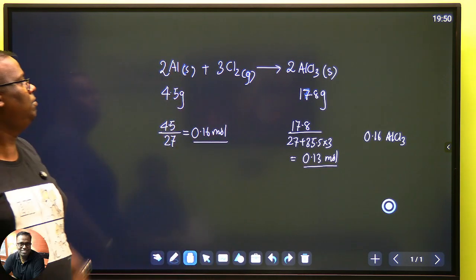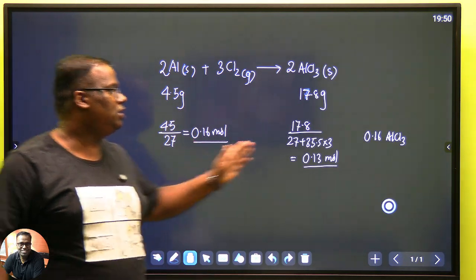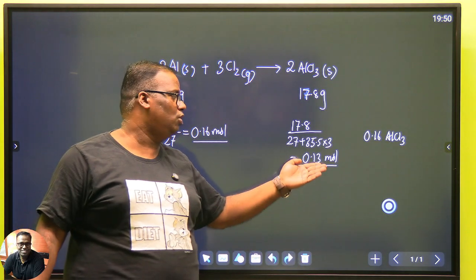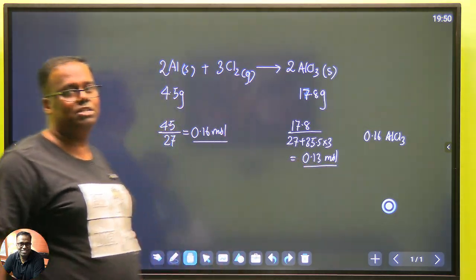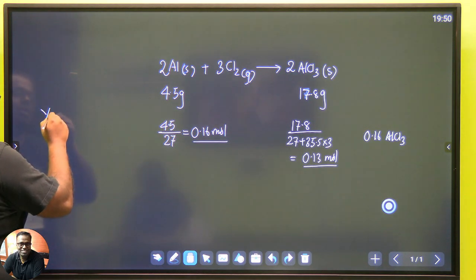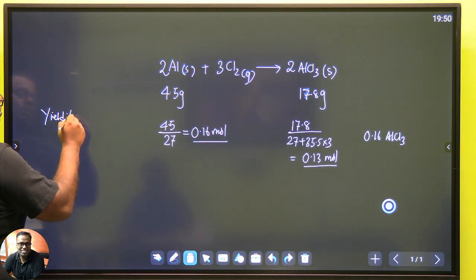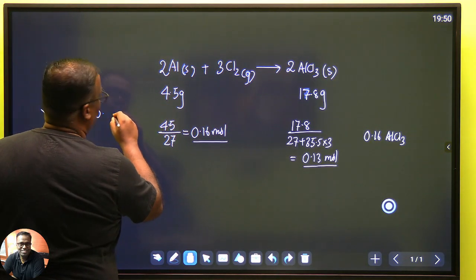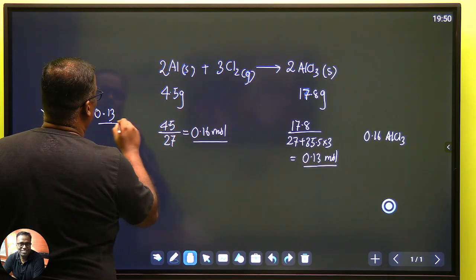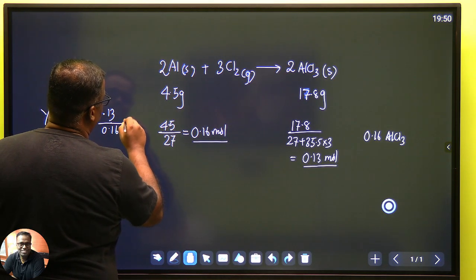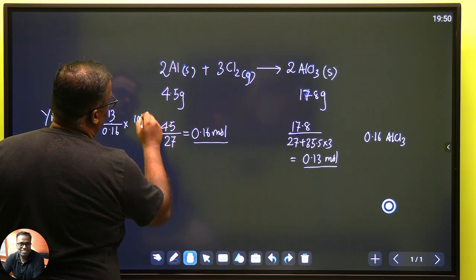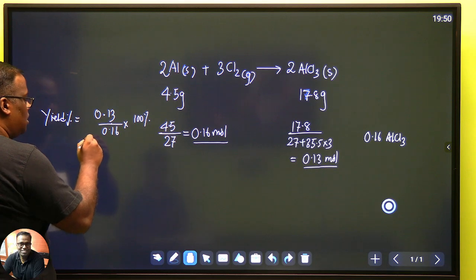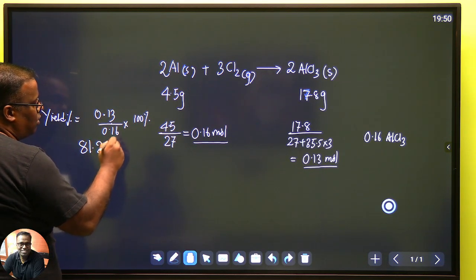Quality of aluminum is not good. 0.16 should ideally give 0.16. But you have got lesser. This is your marks code and this is the total marks. अब आप yield निकाल लीजिए. Yield percentage कितना आएगा बेटा? 0.13 divided by 0.16 into 100%. देखो कितना आया आपका. कितना आया? 81.25%.